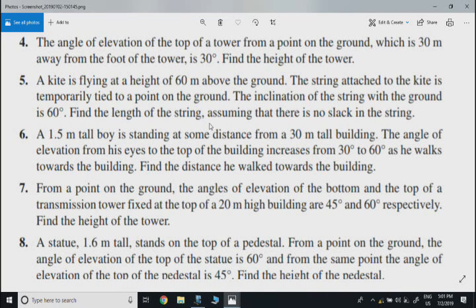Yes, Senapati, the answer is right. Shillong, it is 30 upon root 3.